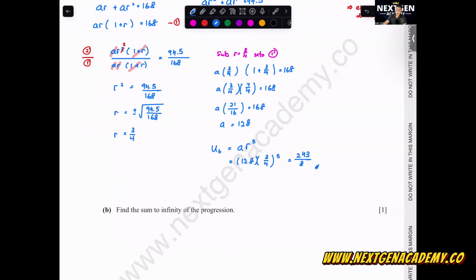Find S infinity. We are just going to put into the formula S infinity equals A over 1 minus R, which is 128 over 1 minus 3 over 4. Okay, the final answer is 512. If you can do this, please type 11.